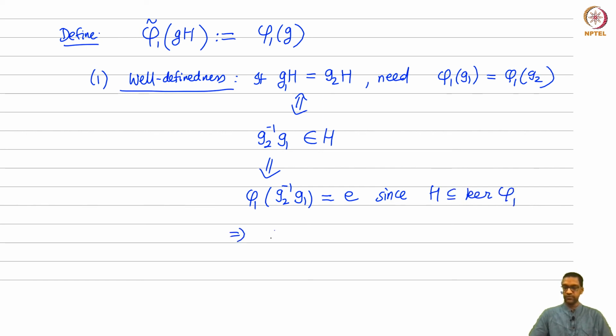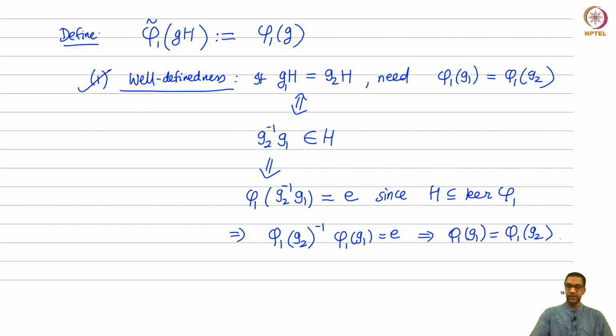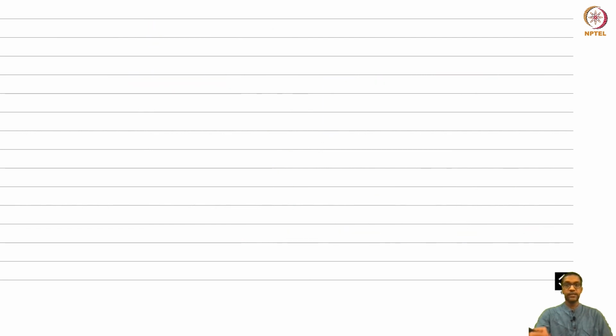And now I use the fact that phi 1 is a homomorphism, so it's phi 1 of g2 inverse times phi 1 of g1 is the identity, so that's the same as saying phi 1 of g1 equals phi 1 of g2. Therefore it's well defined. So I've checked well-definedness. I just need to check that it's a group homomorphism, and that's easy.